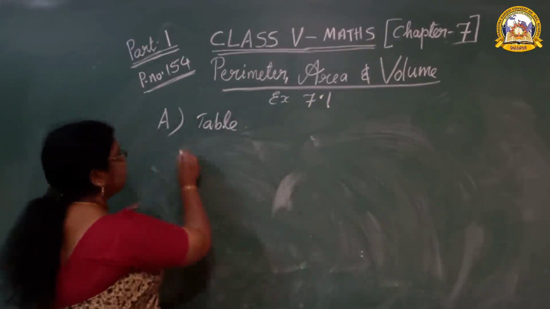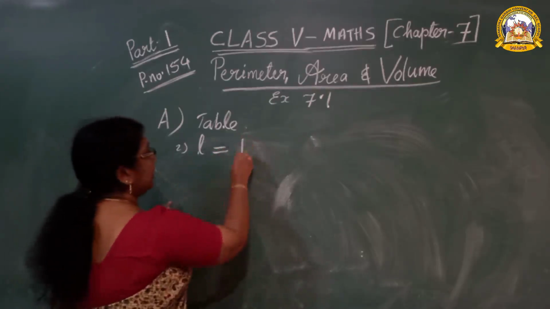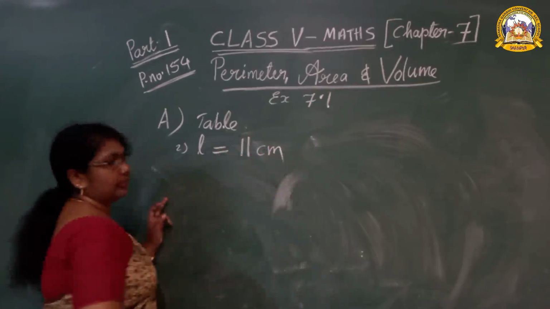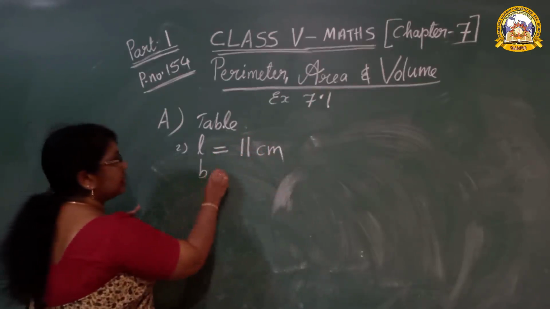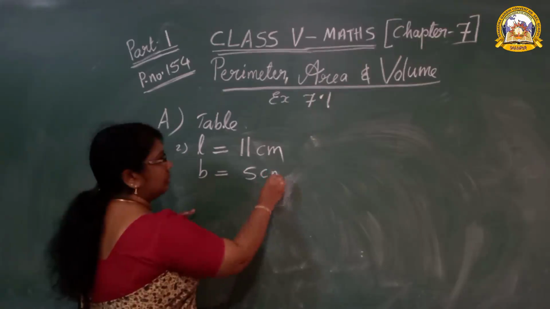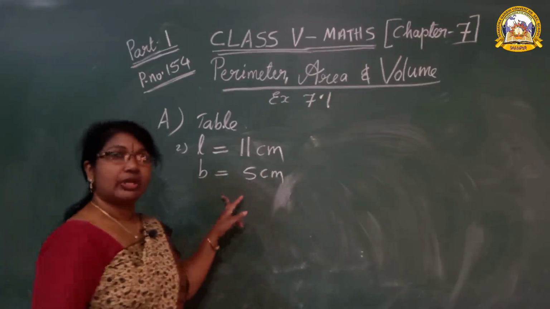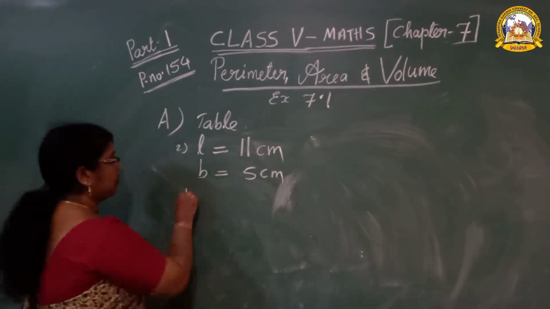Question number 2. Length is equal to, what is the length written? 11 centimeter. And breadth is equal to, what is the breadth? 5 centimeter. Here also what we have to find out, students? We have to find out the perimeter.